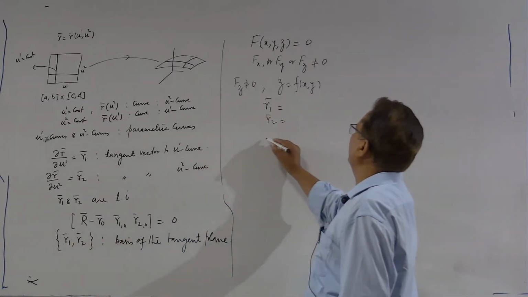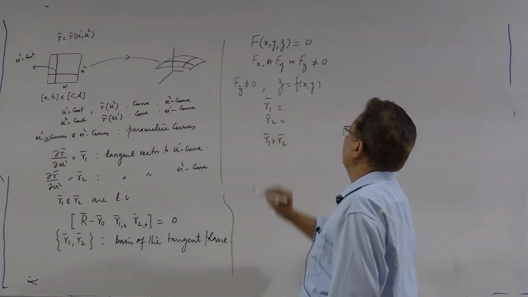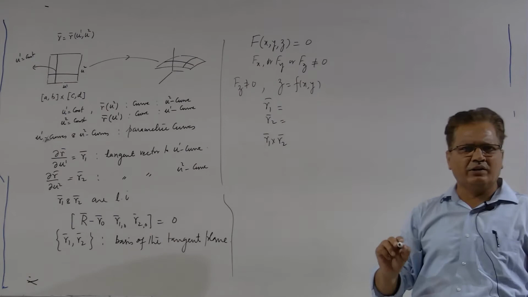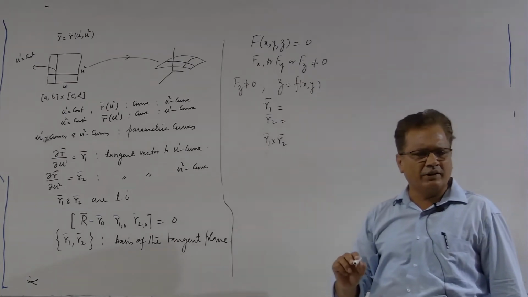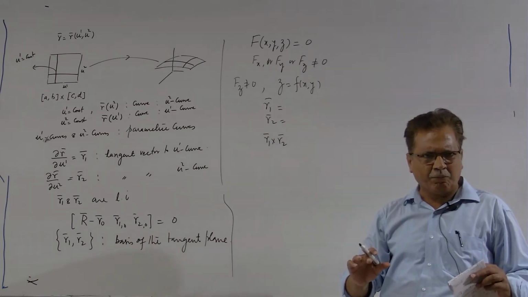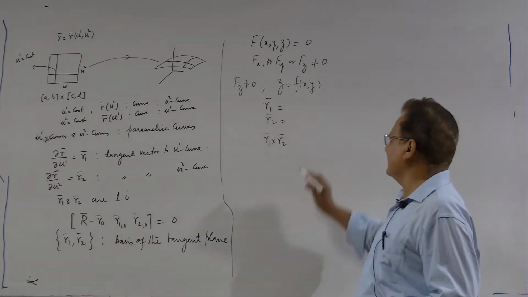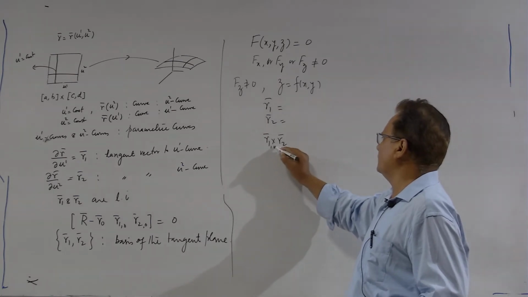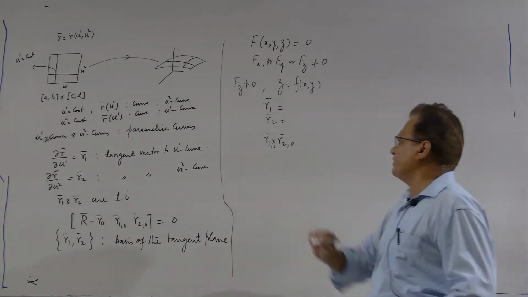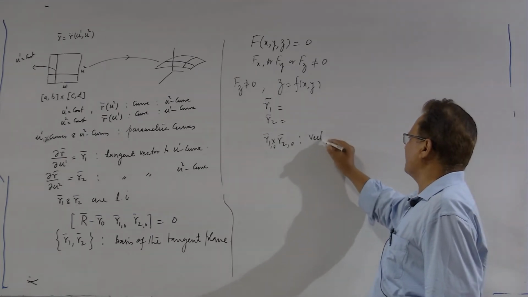So, if you look at the cross product r1 cross r2, it is a vector perpendicular to both r1 and r2, and therefore, it is a vector perpendicular to the tangent plane. If I choose this vector at a point P0, then this is a vector normal to the surface.